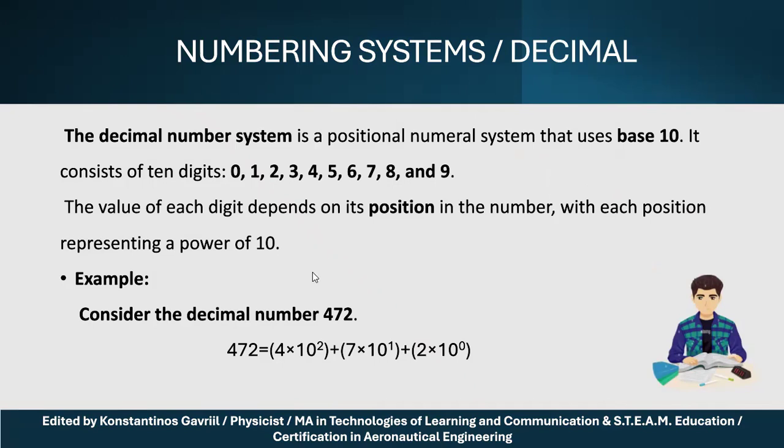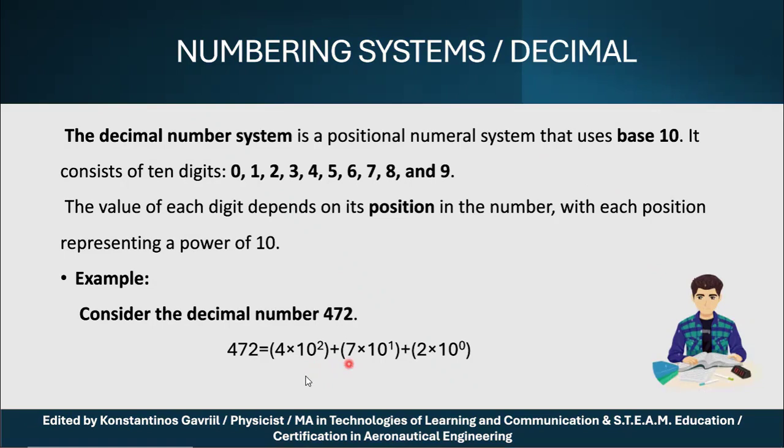As you can see here, for example, we have 472, to express it as a sum of multiplications with the power of 10. 400 is expressed as 4 times 10 to the power of 2. 70 means 7 times 10 to the power of 1. 2 means 2 times 1, which means 10 to the power of 0. And this is how we express the decimal numbers.